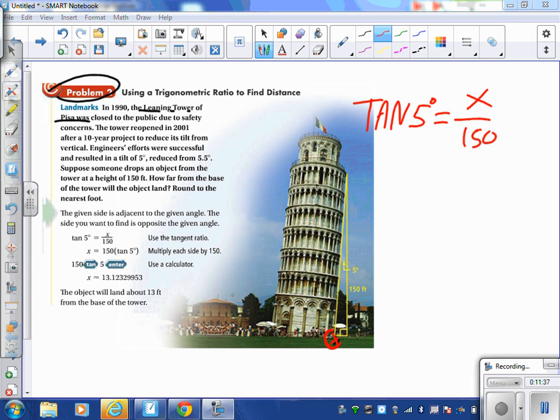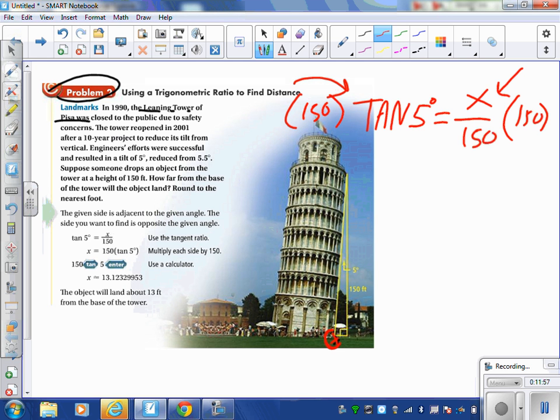So let's take a look at how we would solve it over here. Tangent 5 equals x over 150. We want to get this x by itself, so what do we have to do? We have to multiply both sides by 150. And what does that leave us? 150 times tangent 5 equals, these two cross out, x.